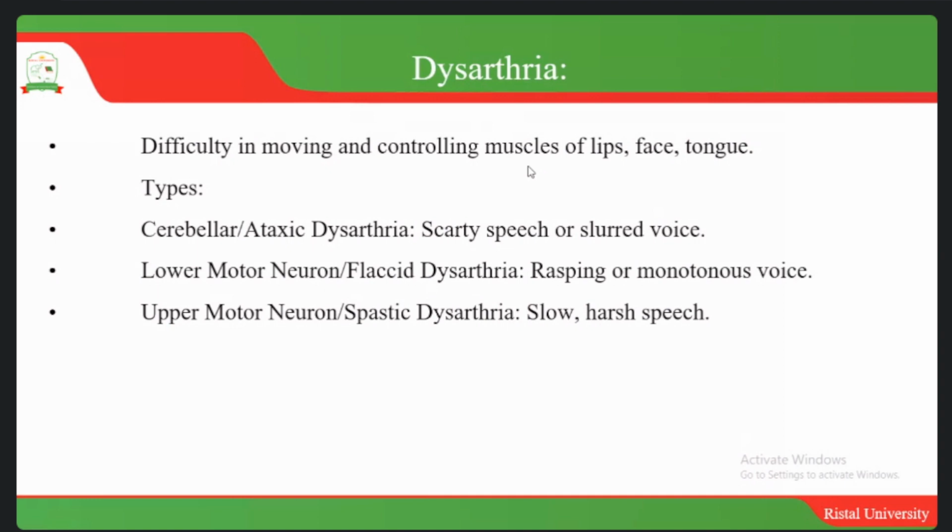And the other is altered voice tone. This is in relation to extrapyramidal, monotonous speech with slow dyskinesia, and also lower motor neuron, which is slowed. So this is looking at somebody's disability in explaining or mentioning something.